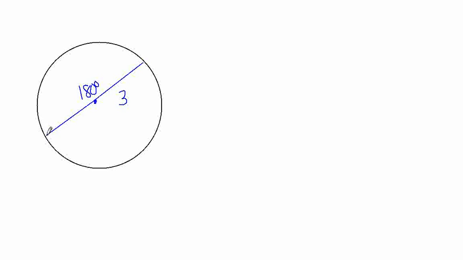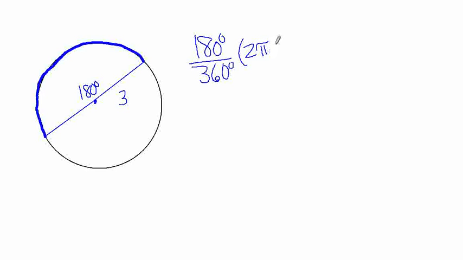I will highlight it in blue. All right, so to calculate that, I would use my formula. So 180 degrees divided by 360 degrees, that's equal to 1/2. So 1/2 of the circumference is going to be the length of the arc. So that will give 3 pi. Okay?